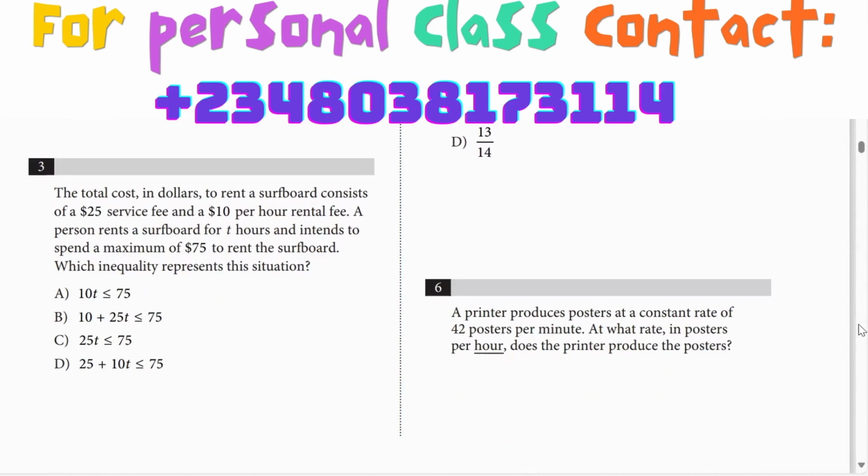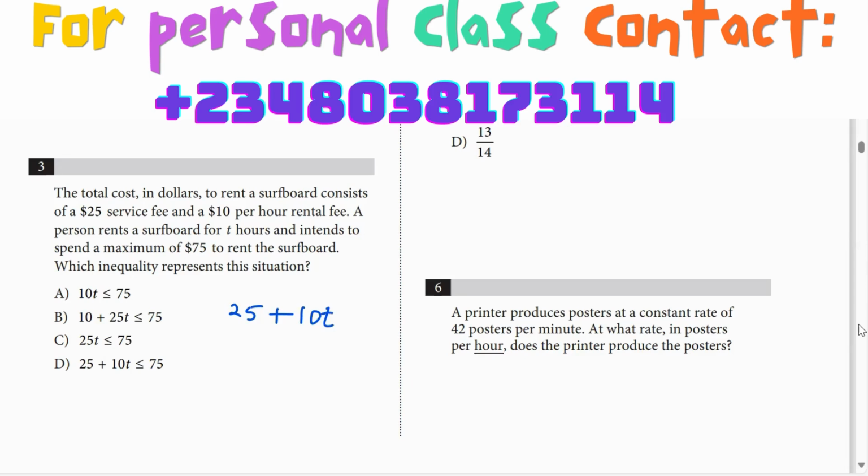We look at question number 3. The total cost in dollars to rent a surfboard consists of a $25 service fee and a $10 per hour rental fee. A person rents a surfboard for 3 hours and intends to spend a maximum of $75 to rent the surfboard. Which inequality represents this situation? So when you look at this, there is a constant, which is 25, then followed by a variable, depending on the hours spent.